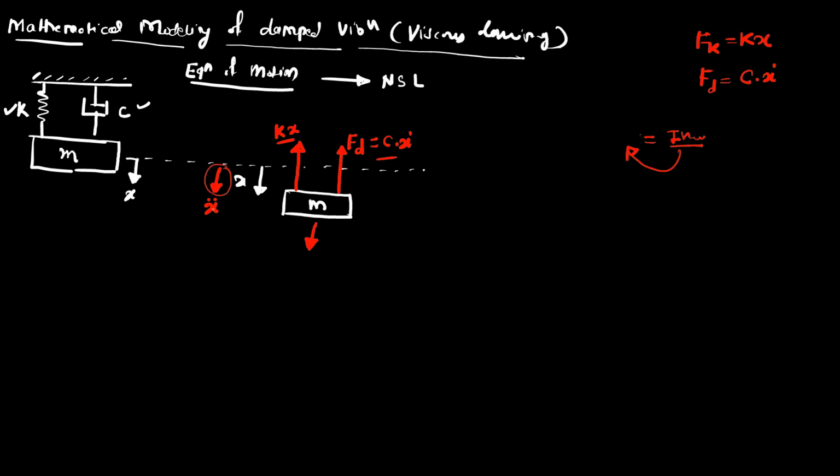Therefore we have to consider this vector in the opposite direction when we solve the problem by D'Alembert's method. For Newton's second law, consider the vector in the same direction as the displacement. So this is x double dot, that is acceleration. It's the inertia vector mx double dot, in the same direction as the displacement.